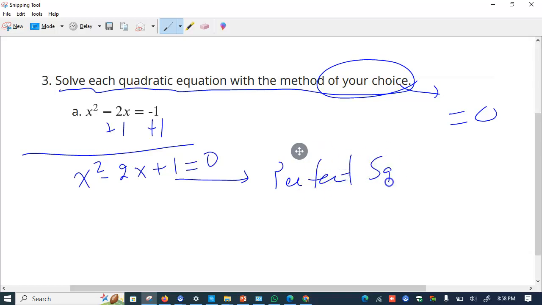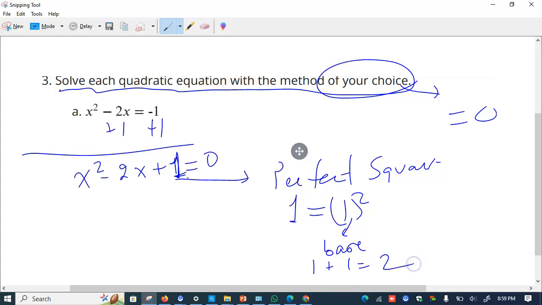Now let's see why this is a perfect square. It's because we can write this one as 1 squared, and this middle term, if you double 1, it becomes 2, which is right here. See? So it means we can write this directly as the square of the first term and this one, which is 1 squared. Because of this minus, put a minus, and it's already done for you.